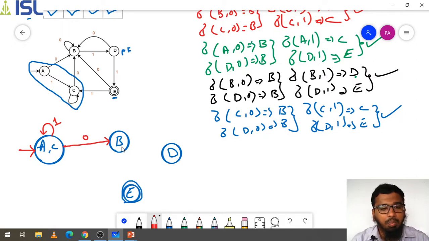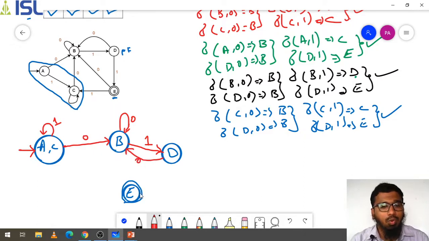Next, B on 0 is going to B only. Next, B on 1 is going to D. Next, D on 0, where is it going?